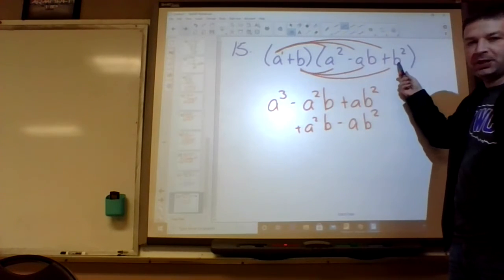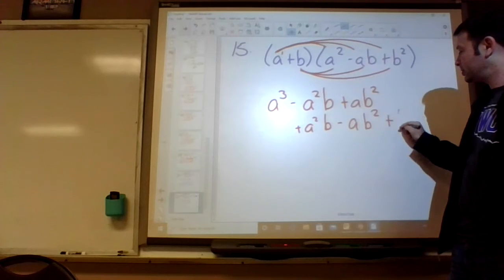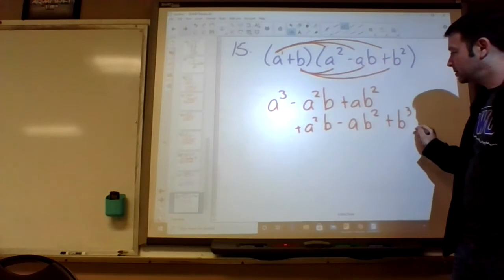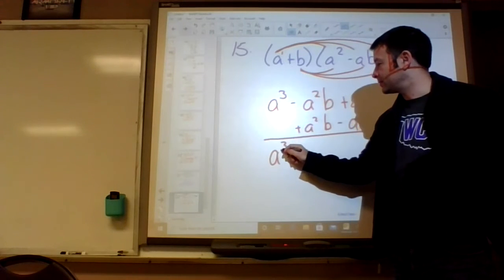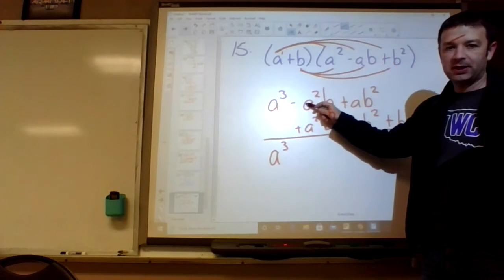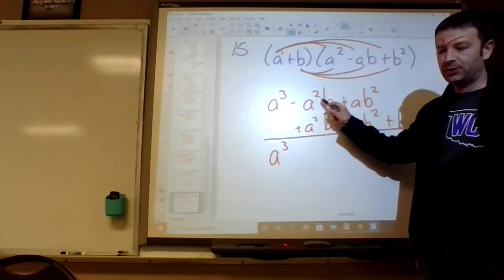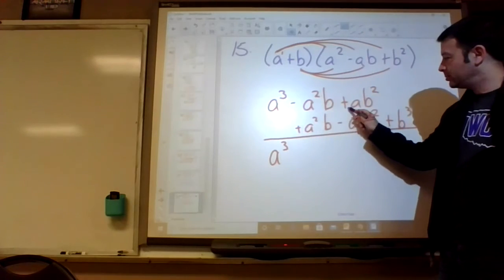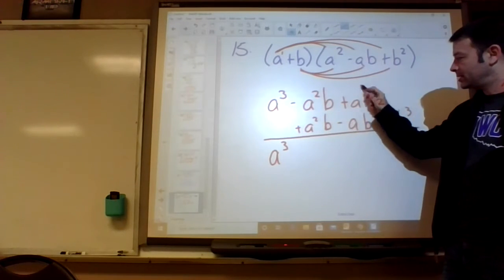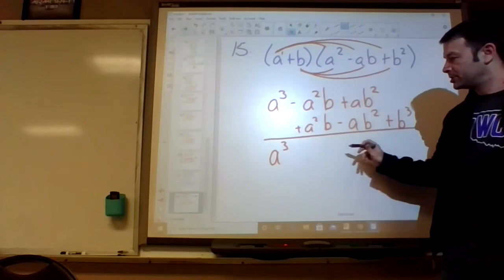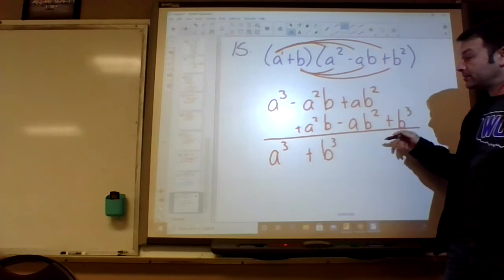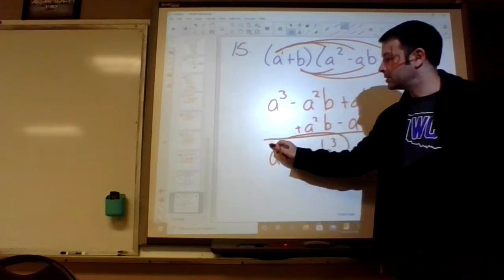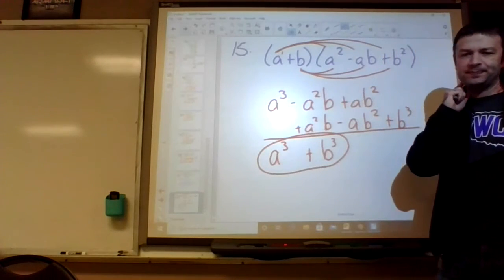B times B squared is B cubed. Add like terms, A cubed by itself. Basically negative 1 plus 1 is 0, these cancel out. Plus, minus, the same thing, these cancel out. And plus B cubed. Nothing to cancel that out with. So, that would be it.